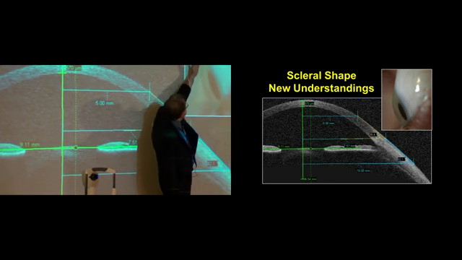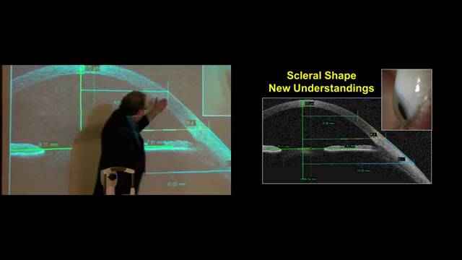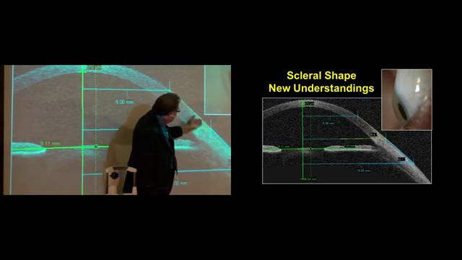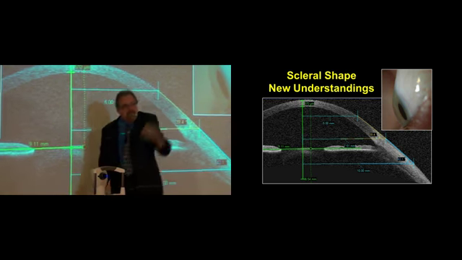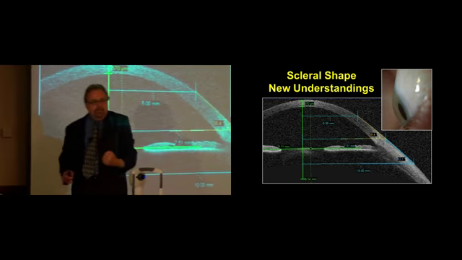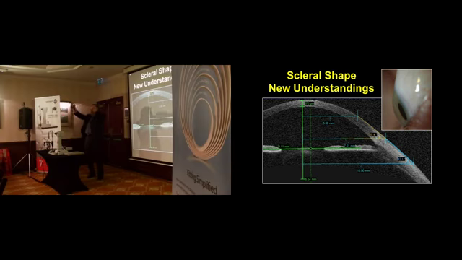We see it so nicely right here in that image. That tangent goes out to 15 millimeters, out to 20 millimeters, and then finally, at about 20 millimeters, the eye finally decides to make its global shape.